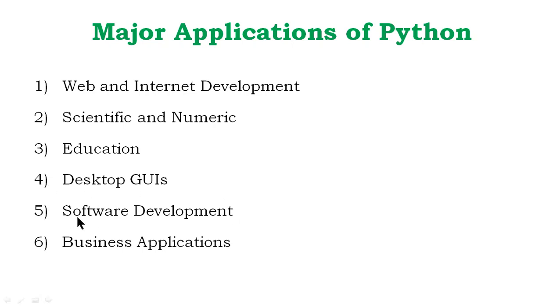Then software development, you can design the software with the help of Python by using which particular application or which particular module. I will discuss that. Then the business applications, how inside business you can apply the various applications of Python.